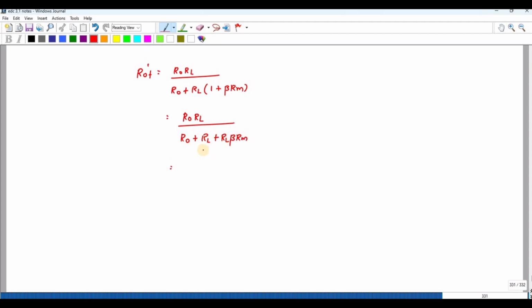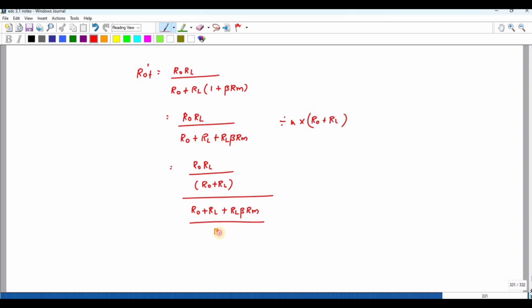So now you divide the whole term by R naught plus RL. Okay, multiply and divide the whole term by R naught plus RL. You will get R naught RL divided by R naught plus RL, divided by 1 plus RL beta Rm divided by R naught plus RL.